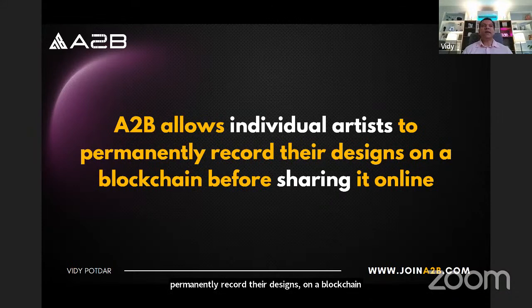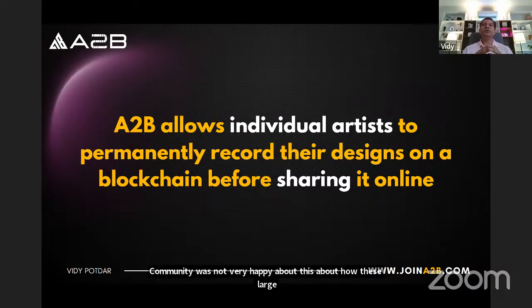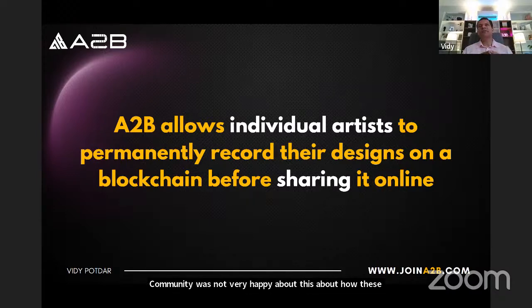There had been cases where, I will not name the companies, but these companies actually imitated the designs made by Australian designers and came up with clothes with those designs on, and the artist or creator community was not very happy about how these large corporations used the copyright loopholes and basically used their designs without paying any royalty to them.